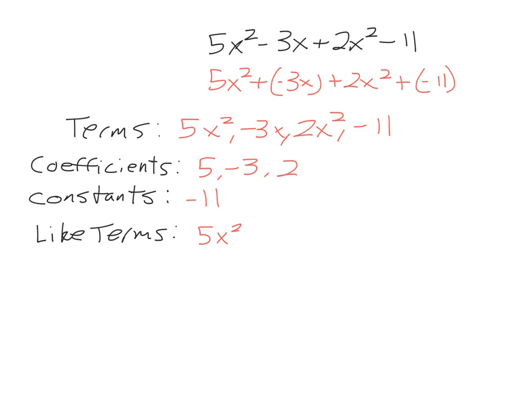We can think about that as 5 times x squared, and the only like term it has in this expression is 2x squared. Because this negative 3x only has one x, it's not a like term with these two. So in this case, the only like terms are 5x squared and 2x squared, because there's no other term that has a single x, and there's no other constant.